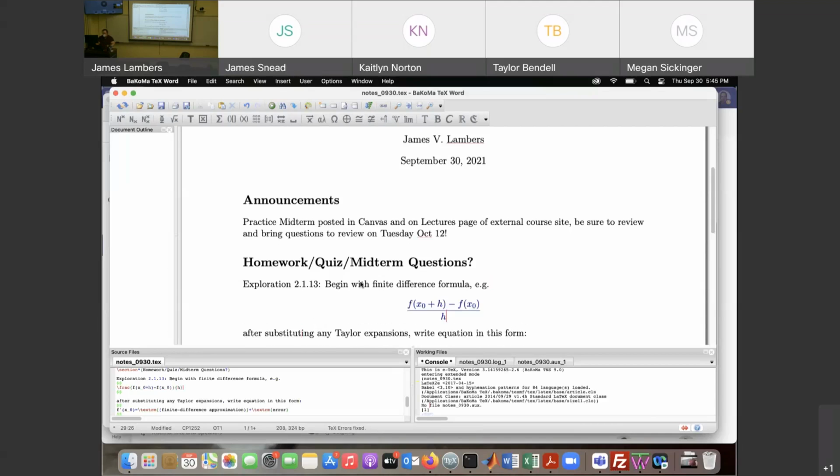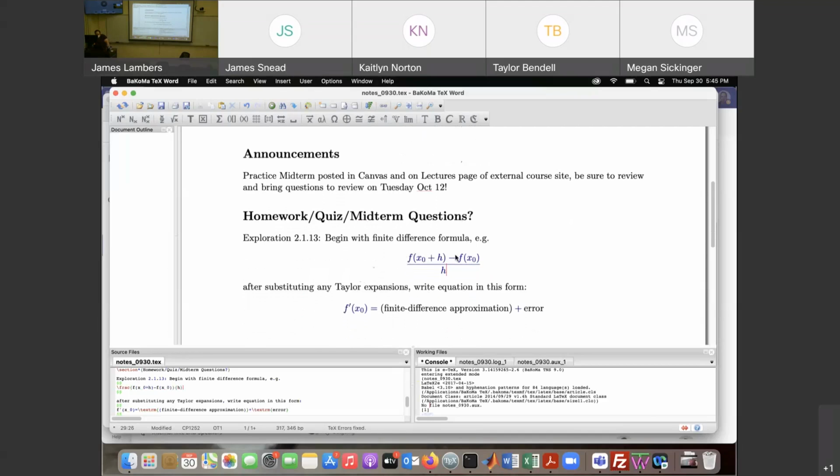Okay, so for example, the first part, this is your starting point. And this says equals something. Now, what does that equal to? Well, it's what you get by substituting your Taylor expansions into this.